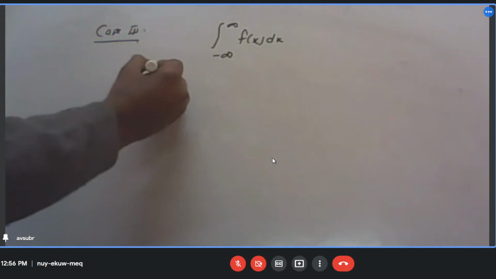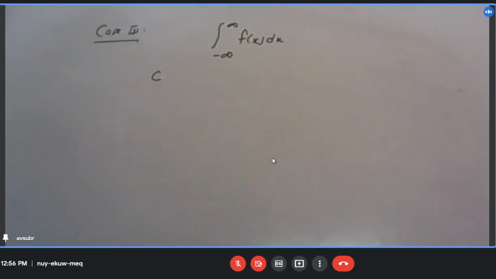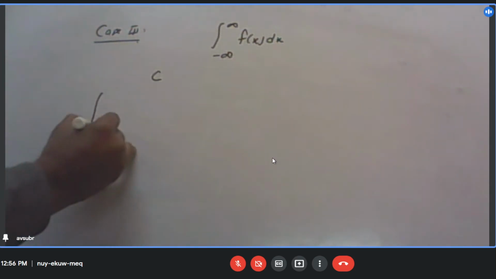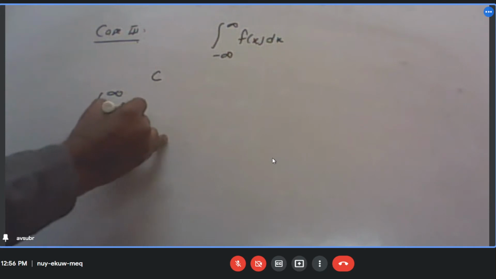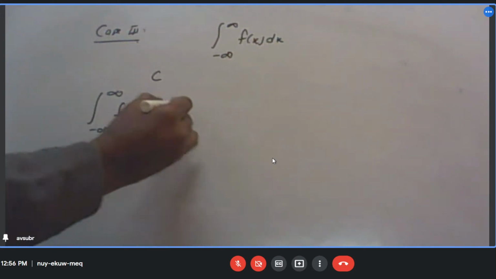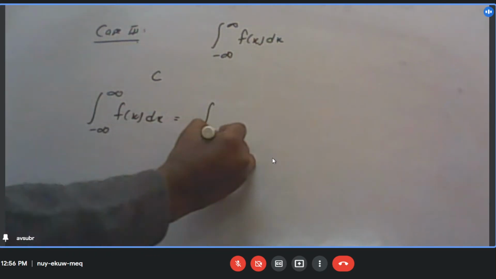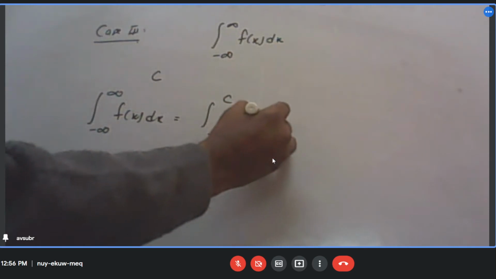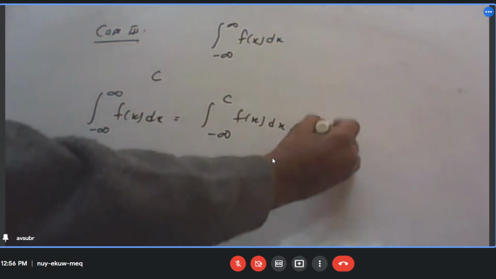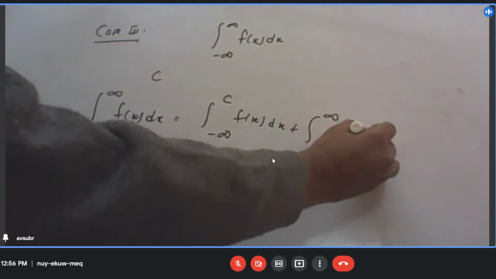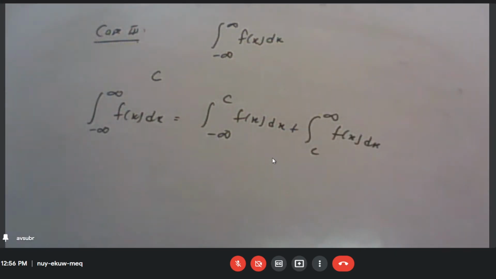Let us say that C be some number. So I can write the whole thing like this: minus infinity to C and C to infinity. Can I write it like this? From the property of integrals.